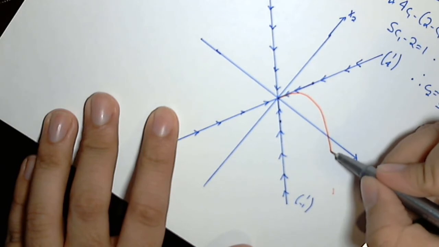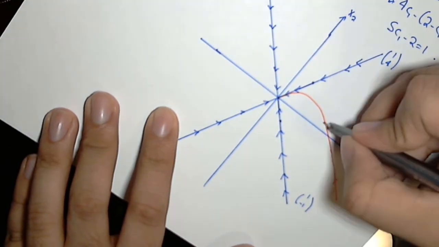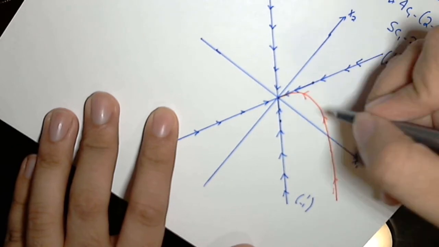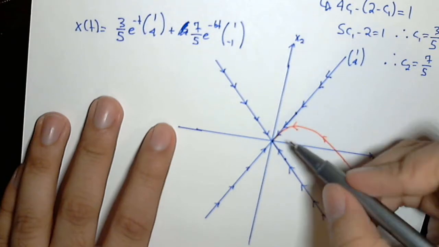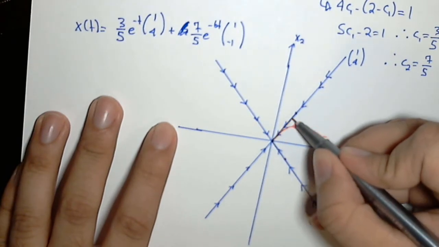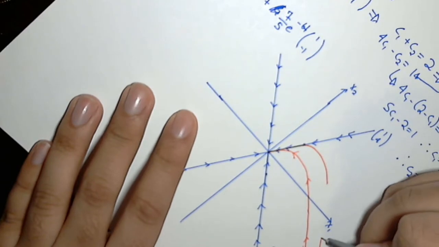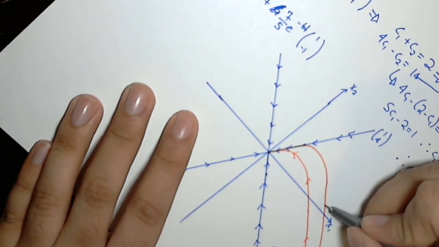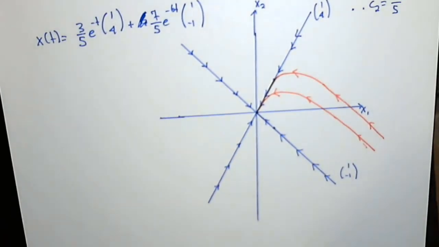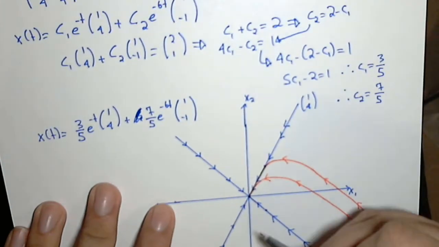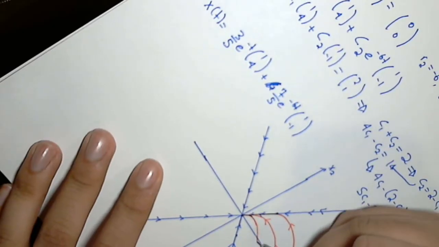Like that. And that's as t progresses. So, if we keep drawing these out, it's just going to keep doing the same thing.